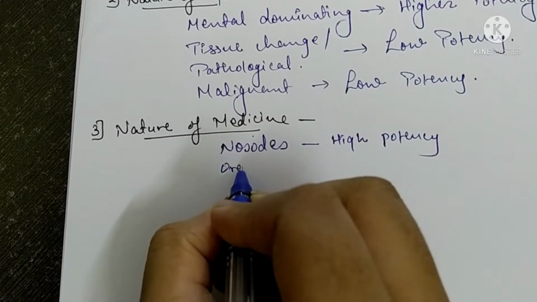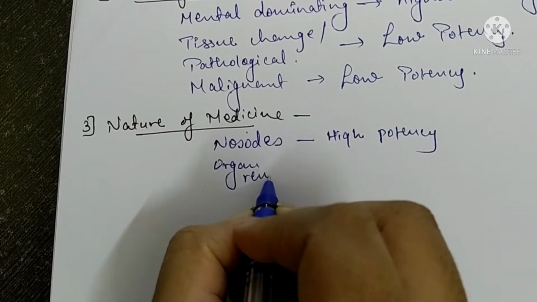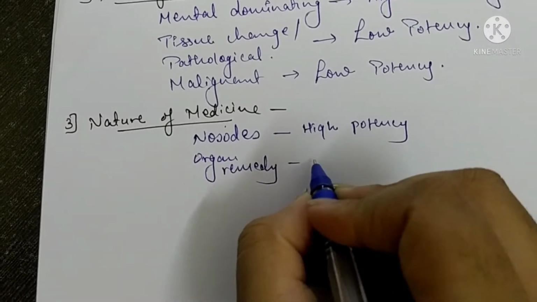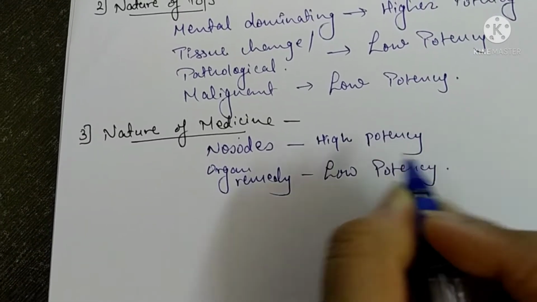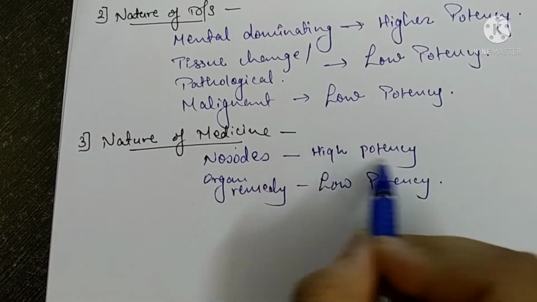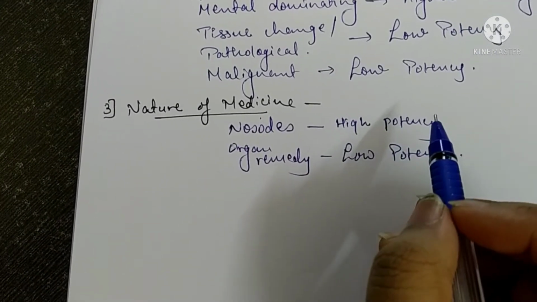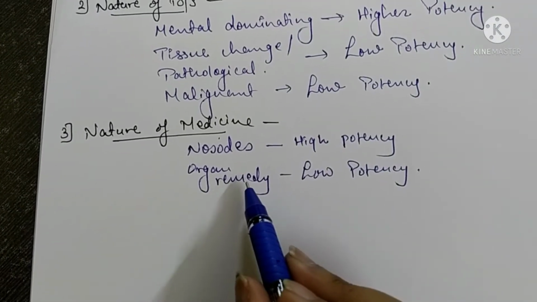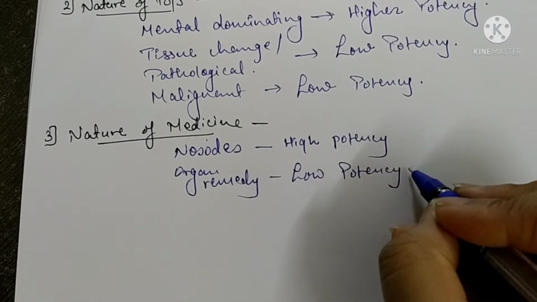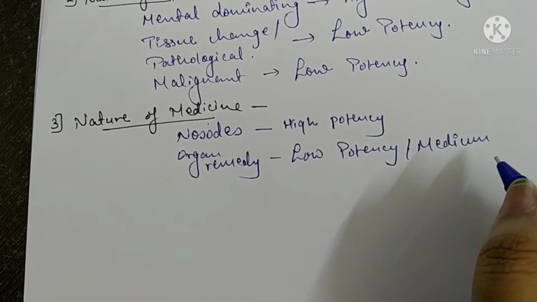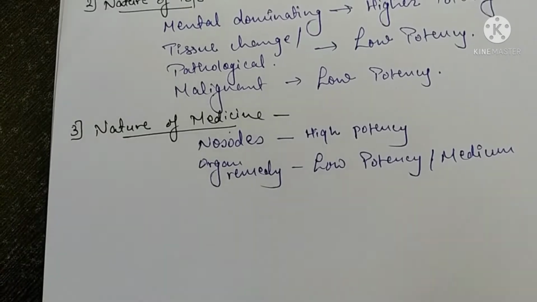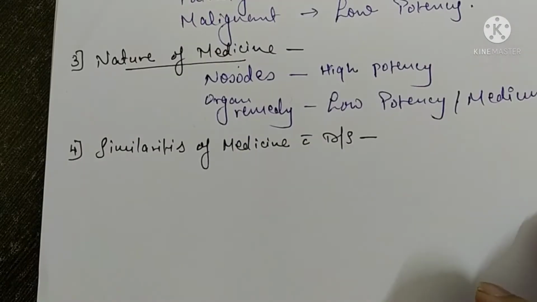Then for any organ remedy or deep acting remedy, you will give a low potency. Always keep in mind that nosodes will always have the highest potency. In an organ remedy you can give a lower or medium potency. Again, you have to see the case and then give accordingly.